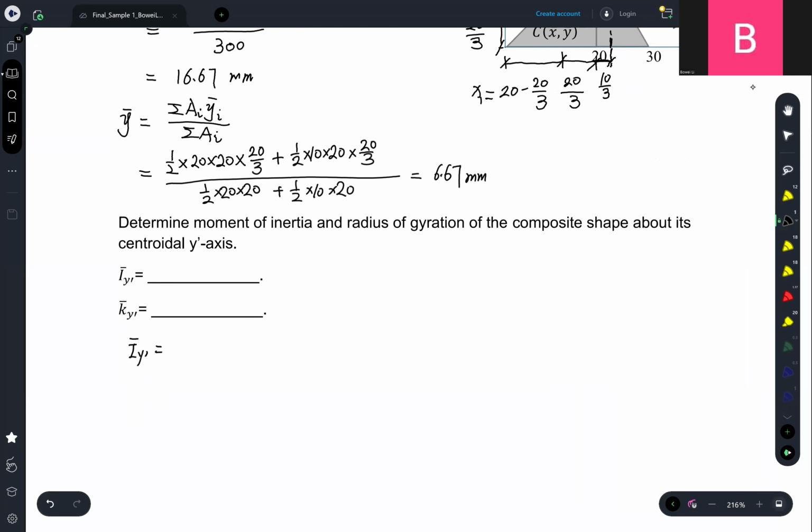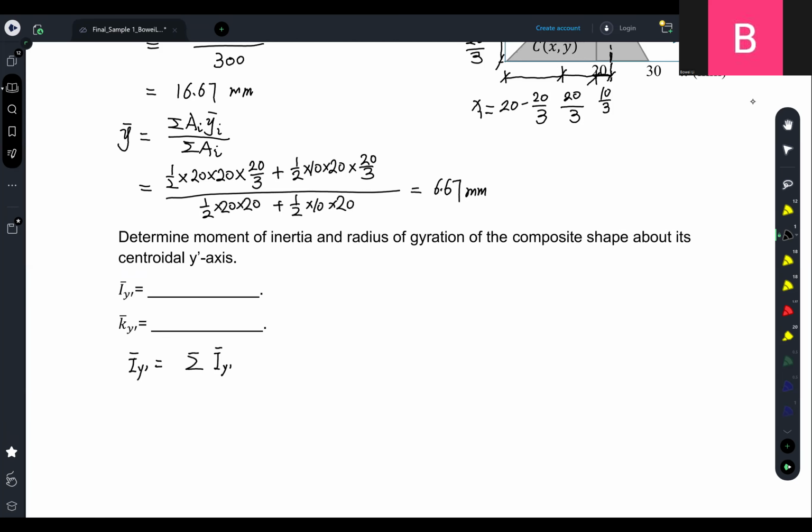By the parallel axis theorem, we know that the moment of inertia about an axis equals the summation of the centroidal moment of inertia of each part, plus the area times the square of the distance.